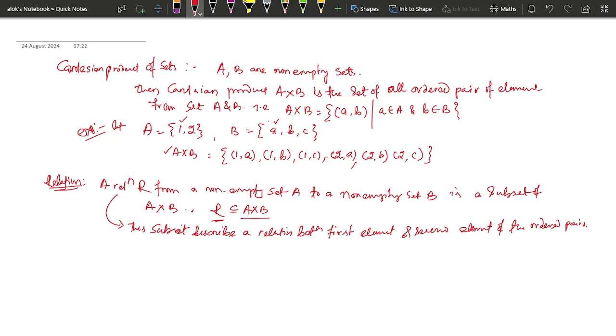Here all elements are like (a, b), where a belongs to A and b belongs to B. So a relation describes how the first element is related to the second element.